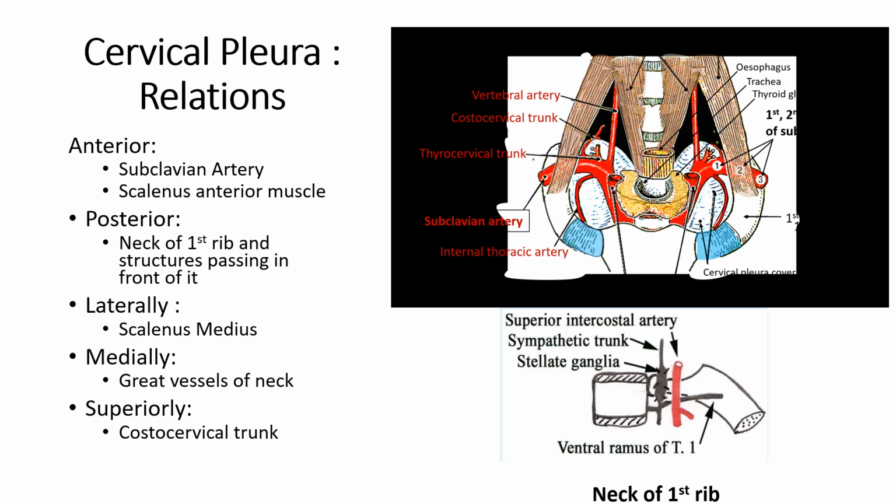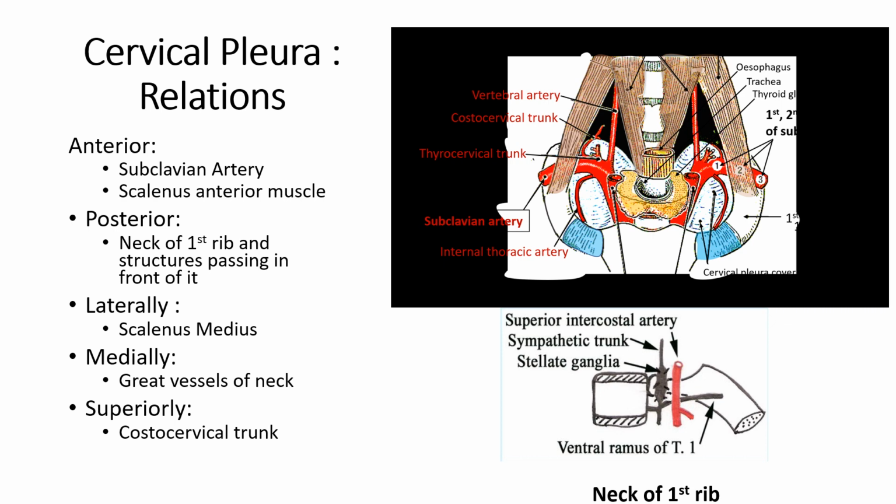Cervical pleura is related anteriorly to the subclavian artery and scalenus anterior muscle, while on the posterior aspect it is related to the neck of the first rib and the structures related to it, that is the ventral ramus of the first thoracic nerve, superior intercostal artery, and stellate ganglion or first thoracic sympathetic ganglion.